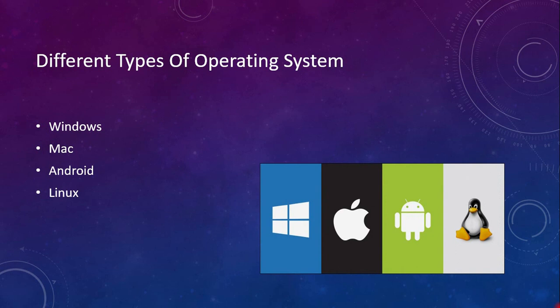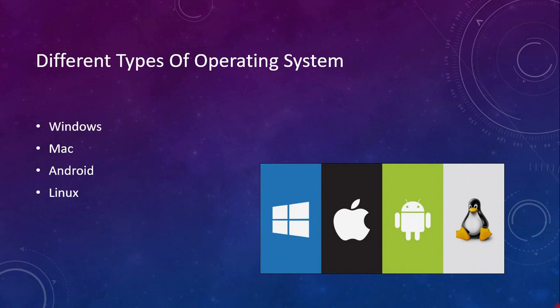Like Linux is more secure than Windows because the architecture is totally different from that of Windows. But talking in terms of UI, or the user interface, Windows beats Linux over here because Windows has a great user interface.